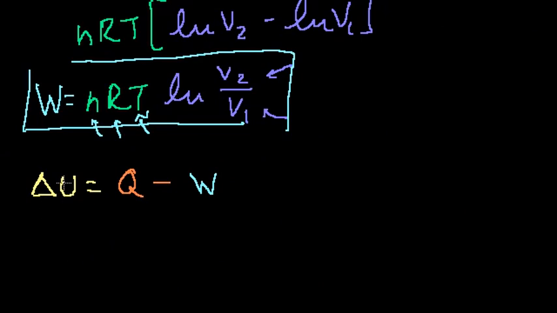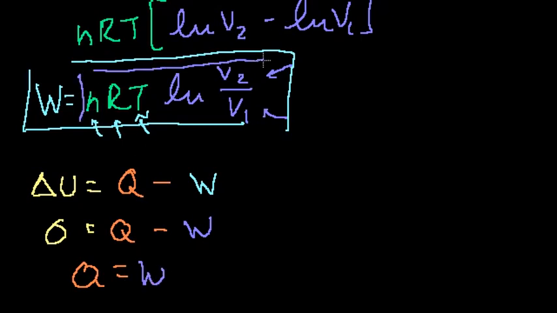Now, this is 0, so we know that this didn't change because the temperature didn't change. So that means 0 is equal to Q minus W, or that Q is equal to W. So this is the work done by the system. You'll end up getting something in joules. And this is also equal to the heat put into the system. It's also equal to Q.